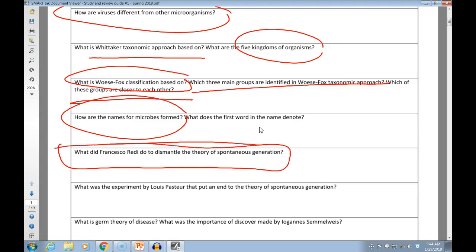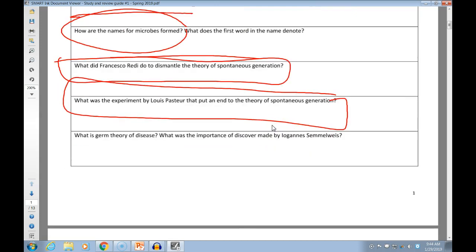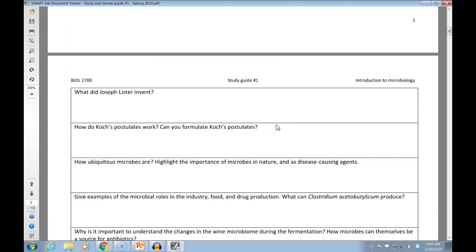Ready experiment. It's basically be able to answer basic questions about the description of that experiment. The meat and maggots experiments. Louis Pasteur, I refer to that experiment, famous experiment with a curved neck flask. Know the contribution made by Semmelweis. First, the hand wash to curb the puerperal fever in the maternal ward.